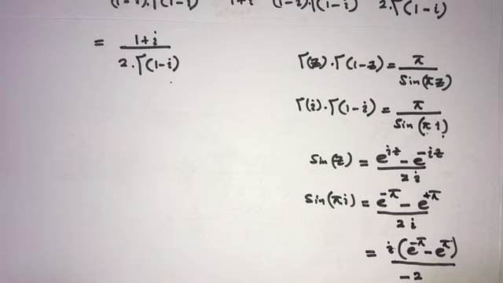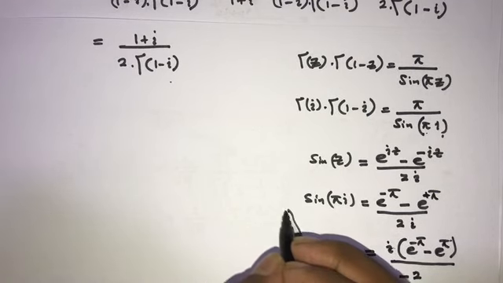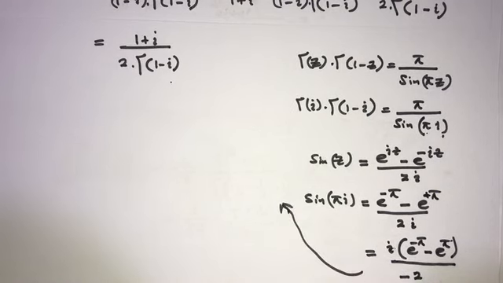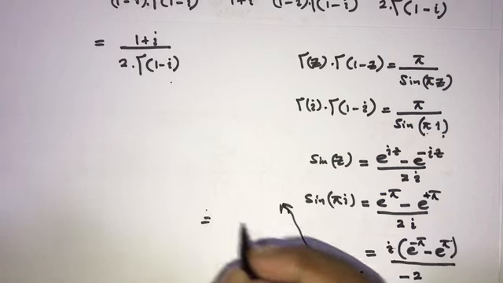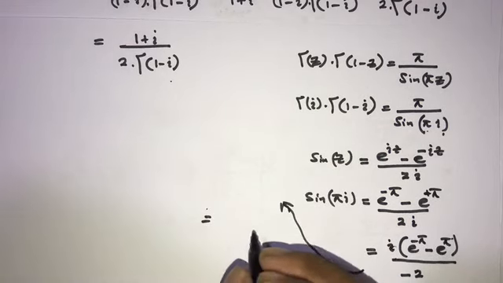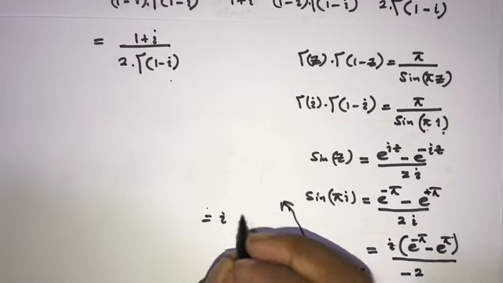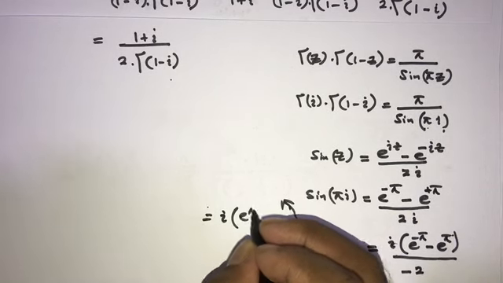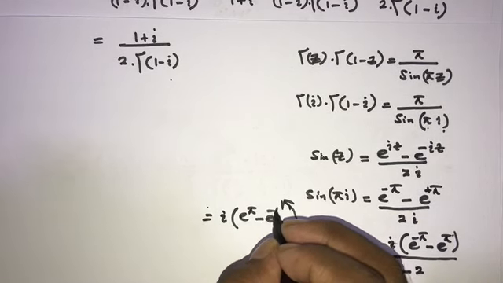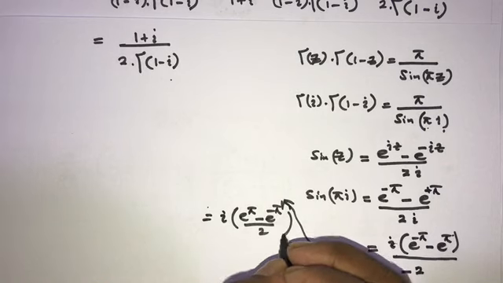Now I rewrite this. Here we can multiply by a minus sign, so i times e to the 5 minus e to the minus 5 over 2.